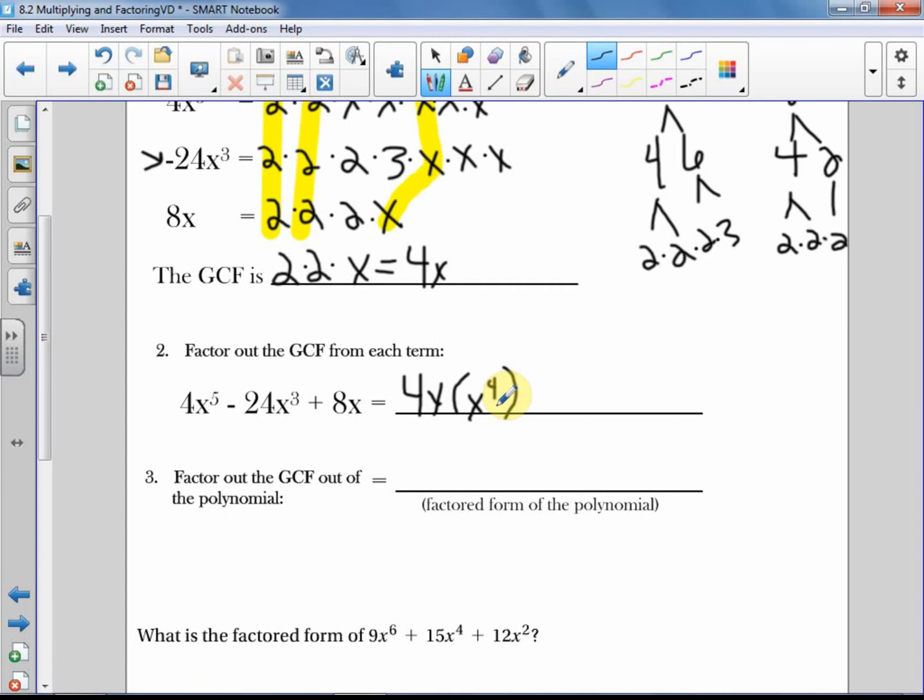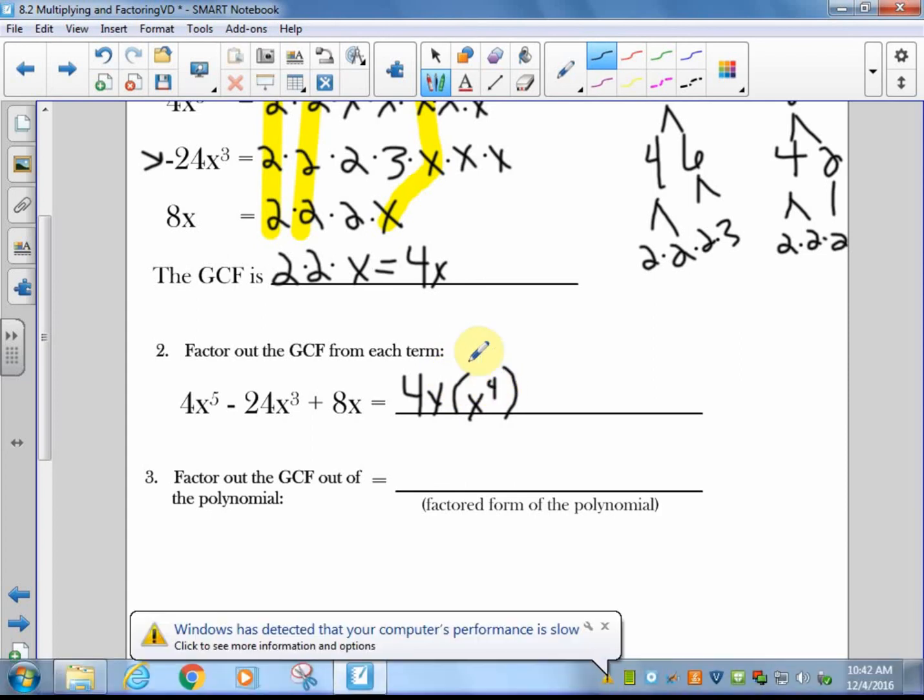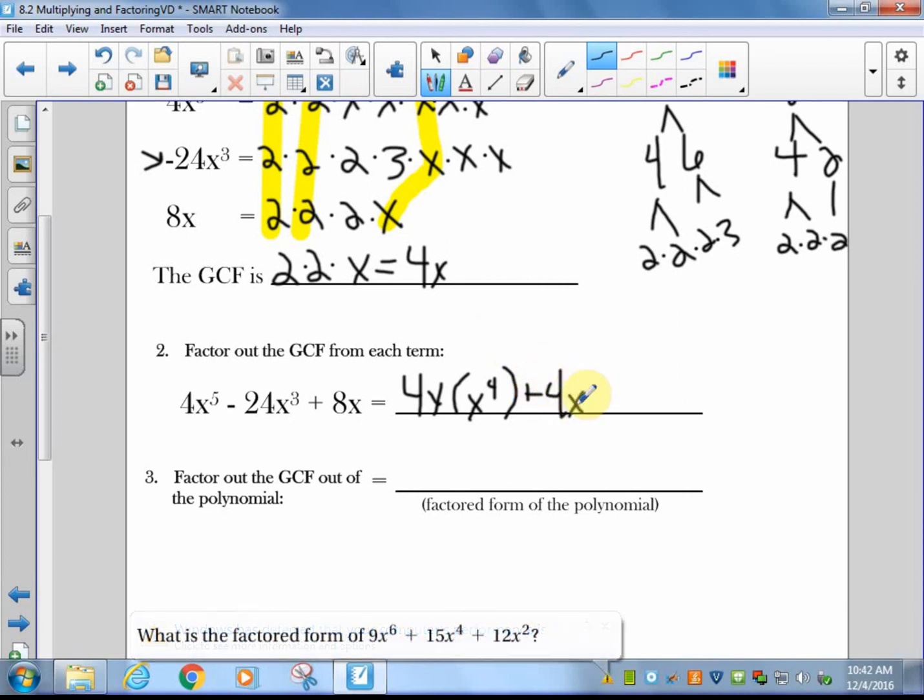To make sure that we factored out correctly, you can multiply these 2 terms to see if the product is in fact 4x to the 5th. We have 4x times x to the 4th is x to the 5th. We did that correctly. So I'm going to factor out a 4x from my next term.